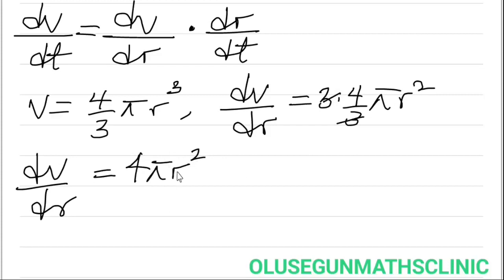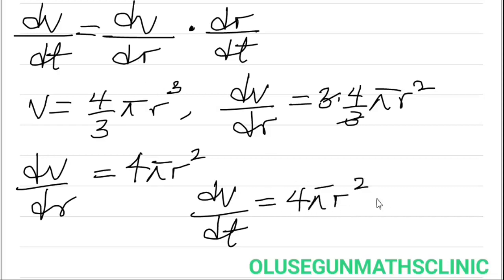That is the dV/dR, and we now want to relate the two together before we substitute. Therefore dV/dt will now be, instead of writing dV/dR, 4 pi r square dot dR/dt. That is the rate in the radius.